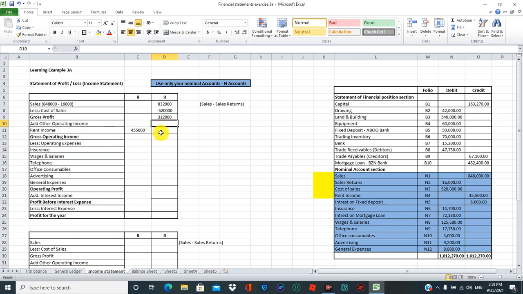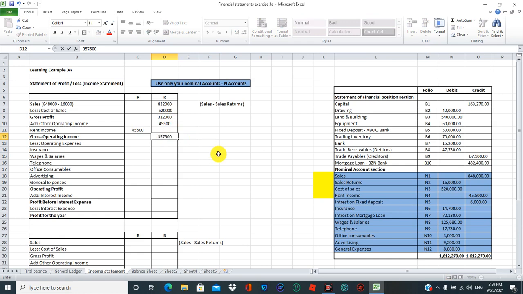But we've only got the one, so the total is 45,500. Sorry, I wrote one too many zeros there. Now we need to add those two up. So your gross operating income is 312,000 plus 45,500, and that'll be 357,500.